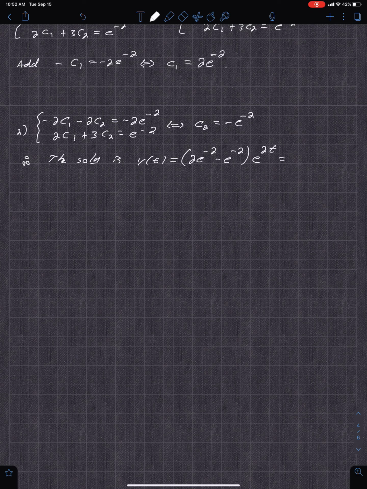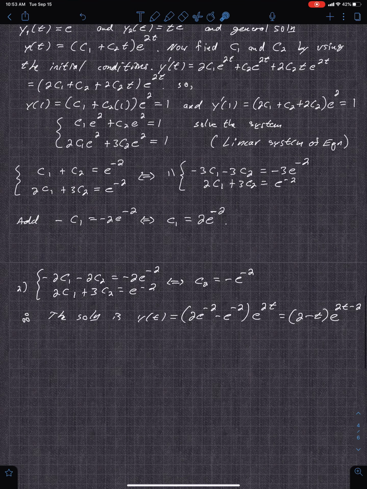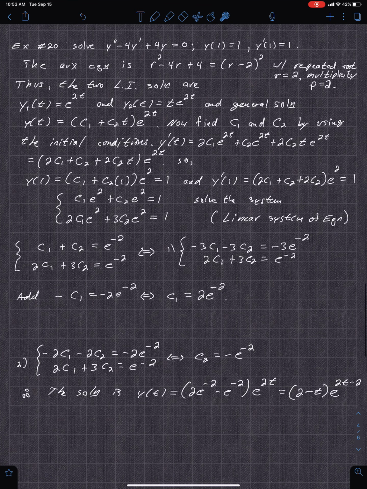You can simplify a little bit more if you wanted to: 2 minus t, e to the 2t minus 2. And any of these are fine. It doesn't really matter. These are fine solutions right there. So that's basically how you solve that.